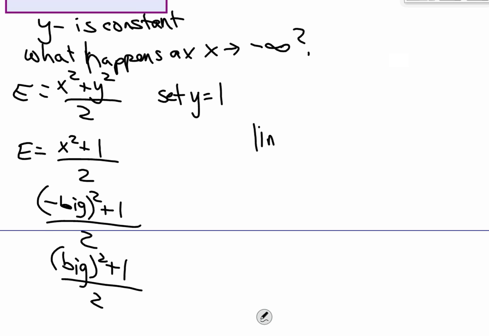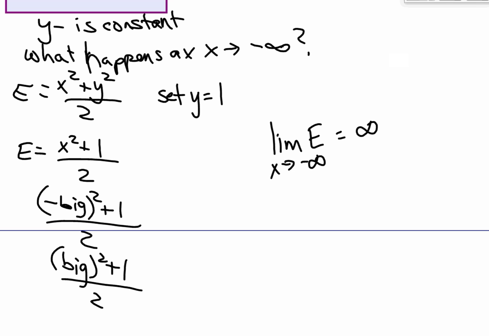So the limit of E as x goes to negative infinity is positive infinity. I'd ask that we're careful: they don't call it E of x or E of anything because there are two variables there.